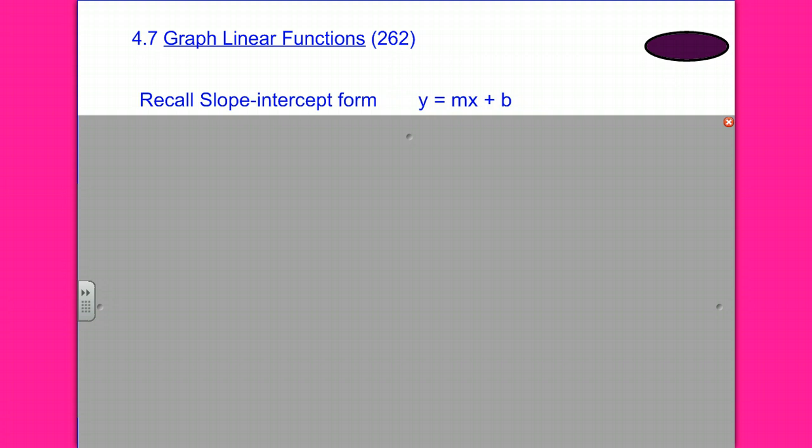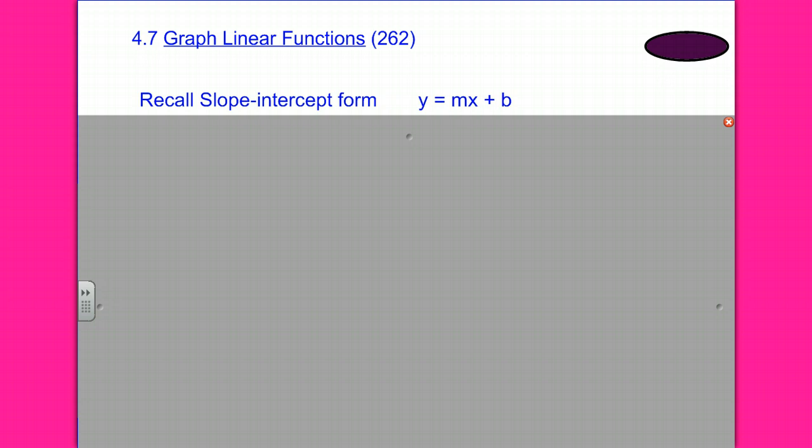So when we have 2 linear equations on the same graph, we like to label them so people can understand. So we might label the Apple Store graph, we'll call that graph line A, and the Target one we could call line T or something. Okay? So today we're going to learn about how you can name lines, and it's called function notation.